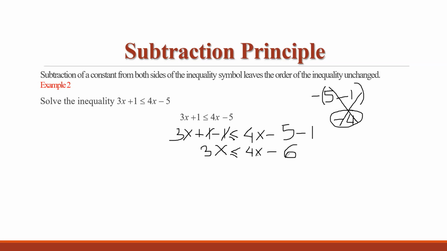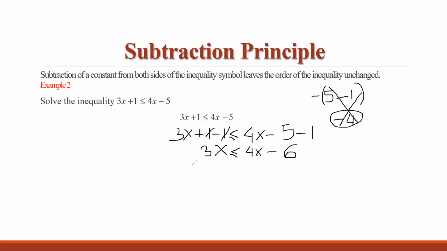So that is done. What next? We need to collect like terms for this unknown, 3x and 4x. So this 4x is going to cross the inequality symbol.